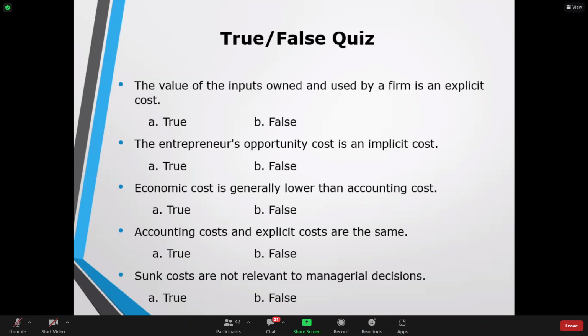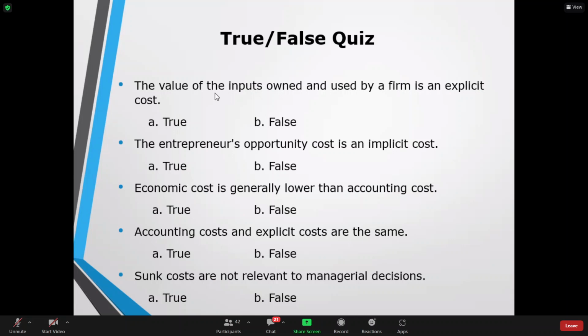Next one. Accounting cost and explicit cost are the same. Question number 4. Put your question number and the answer, right?